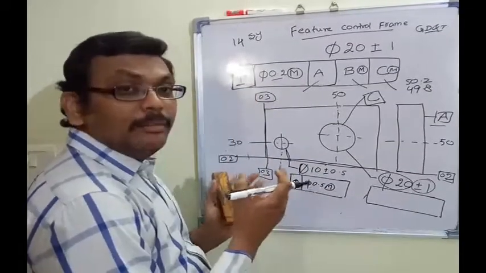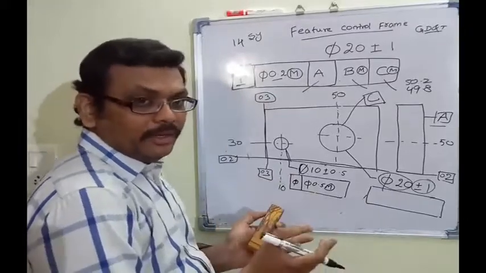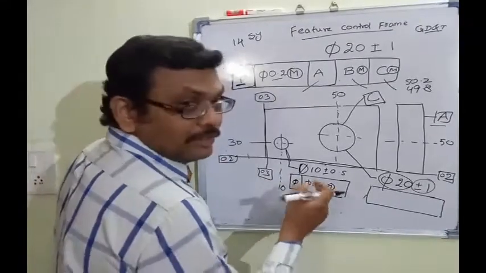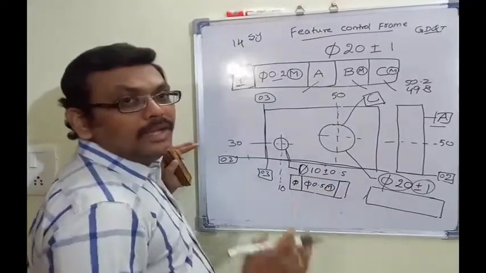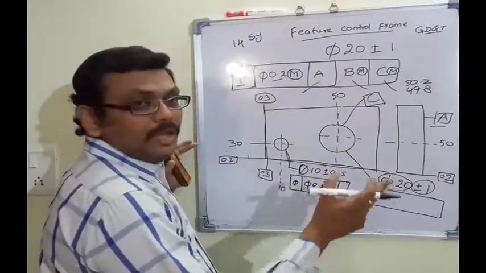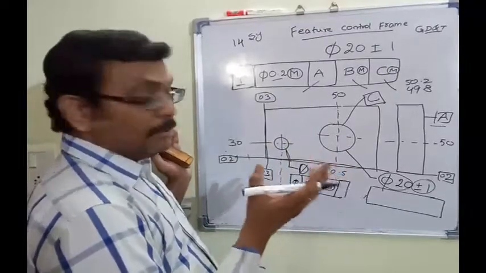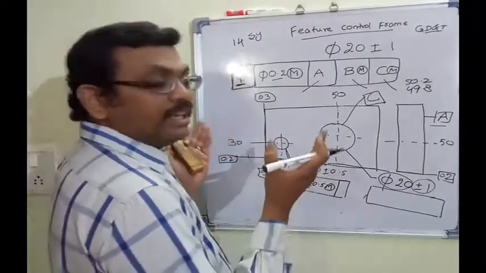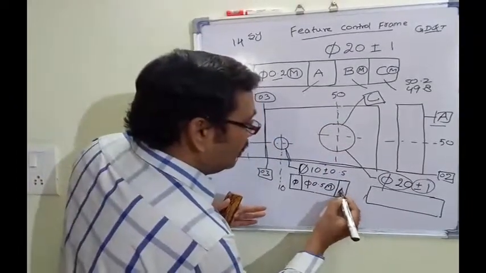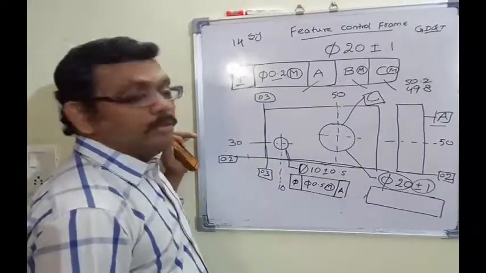It depends on the material of the part and mating component. So as of now, I am taking MMC. Since I know only datum A, because I don't know datum B and C, with respect to datum A, I am making this hole.